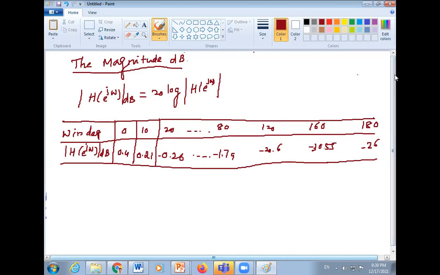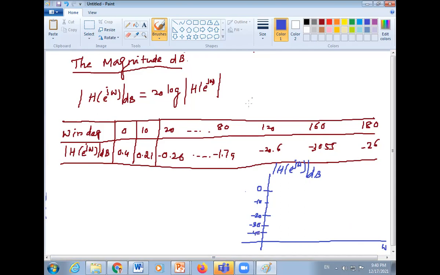If you plot this response, we will get the graph this way. This is the magnitude of H of e power j omega in dB with respect to omega. This is at 0, this is minus 10, then minus 20, minus 30, minus 40.